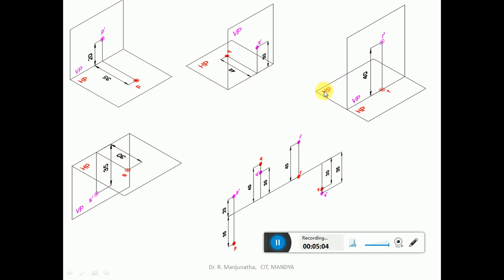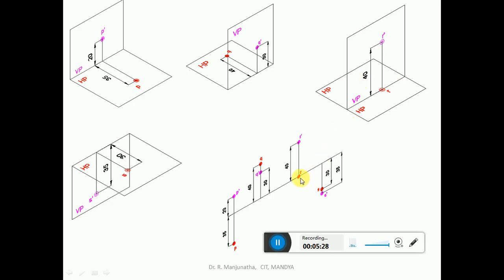Similarly, when we consider capital R, which is above HP and on VP, since it is on VP, the image will be on HP. Since it is above HP by 40 mm, in the front view it will be 40 mm above, and this will be R dash. Since it is on VP, the above HP condition holds for the first as well as the second quadrant.